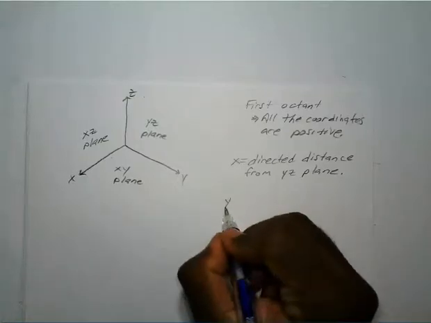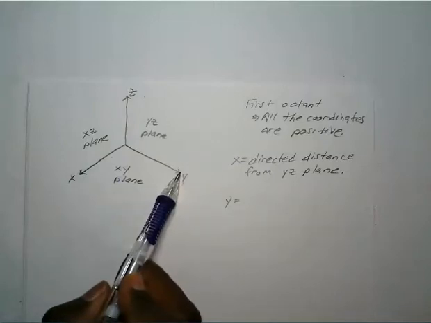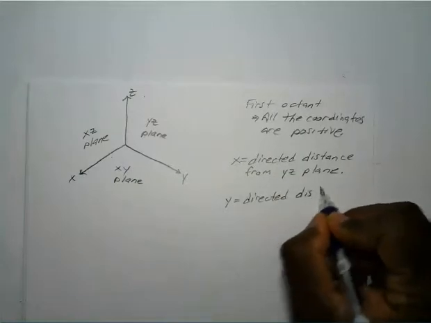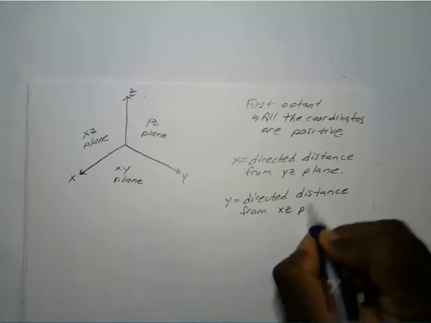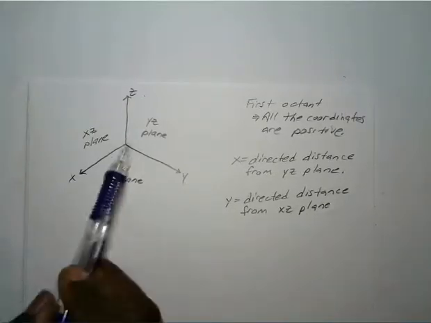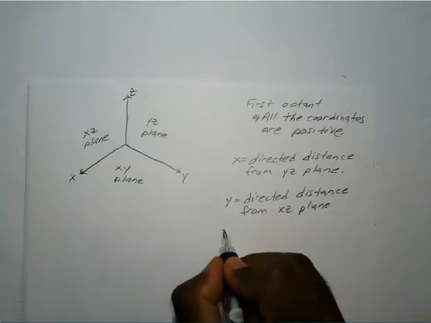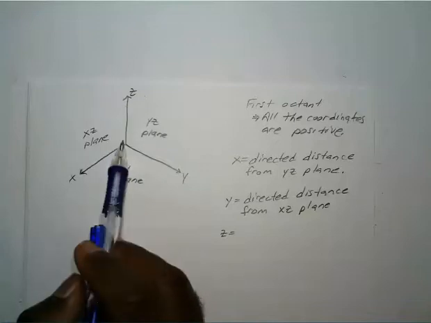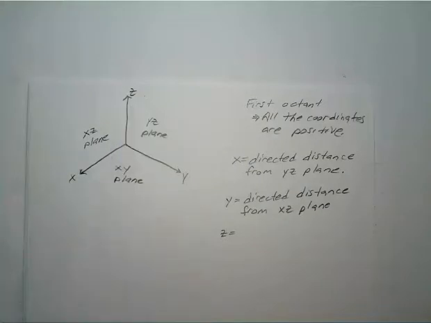Now your Y is the directed distance from your XZ plane, in other words, the distance from your left wall. Now your Z, if you look at your floor, is almost like the distance from the floor. So the Z is the directed distance from your XY plane.